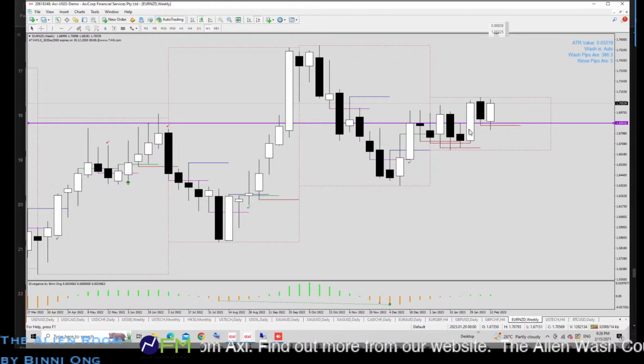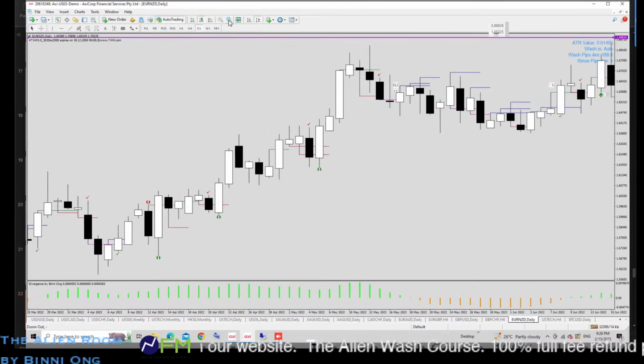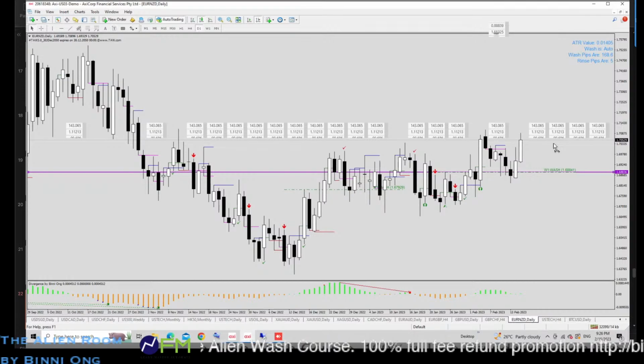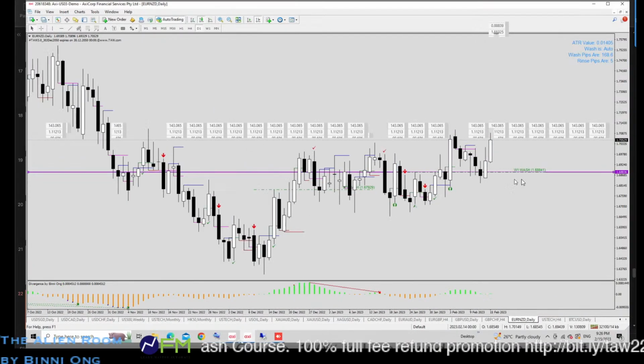So rather than flipping to the week to see it, what we can do is go to the day, and that similar wash line is automatically drawn for you here. In other words, if I visualize the price action, it means that there was a close of that weekly bar above the previous high.